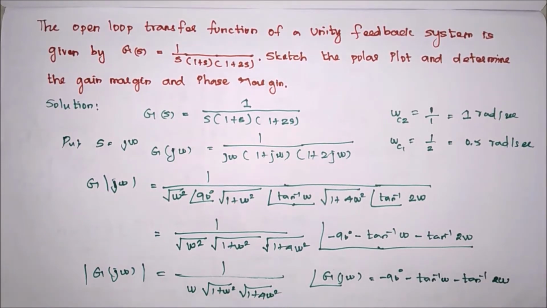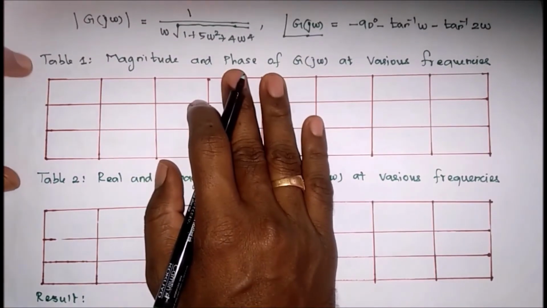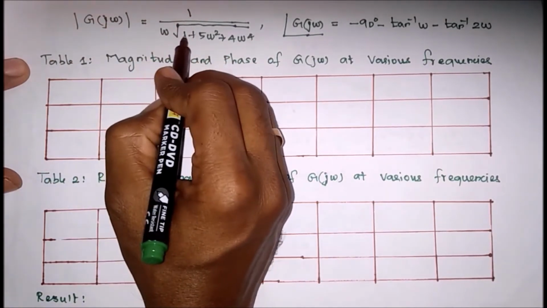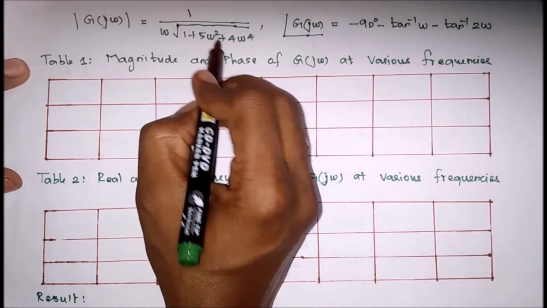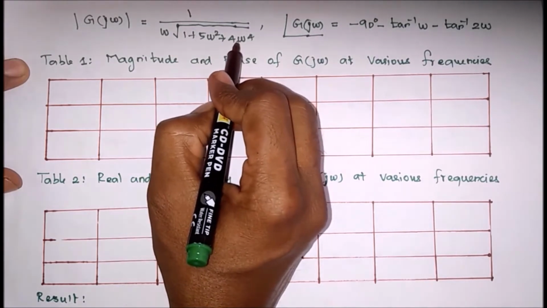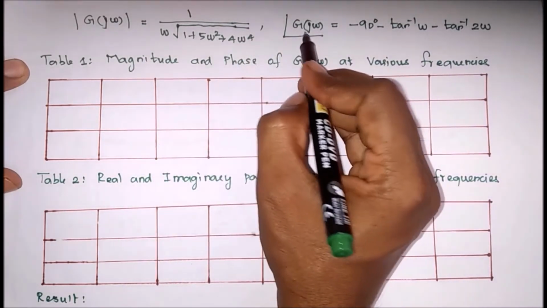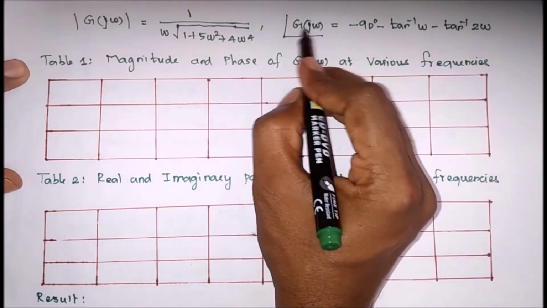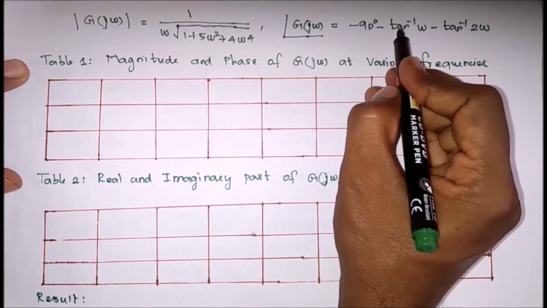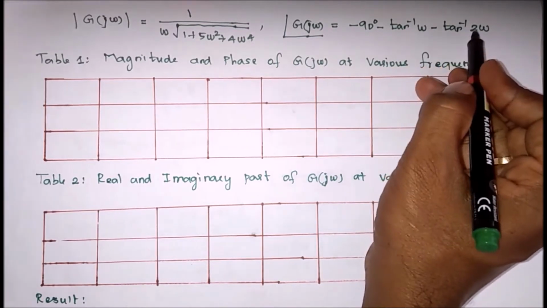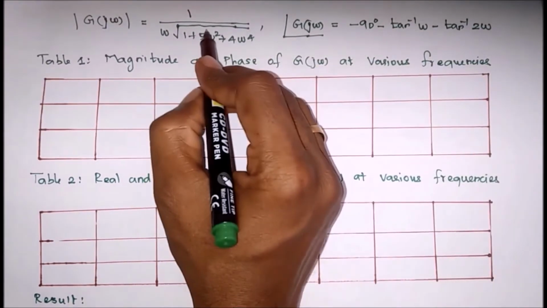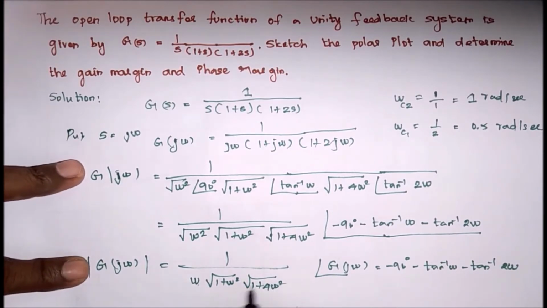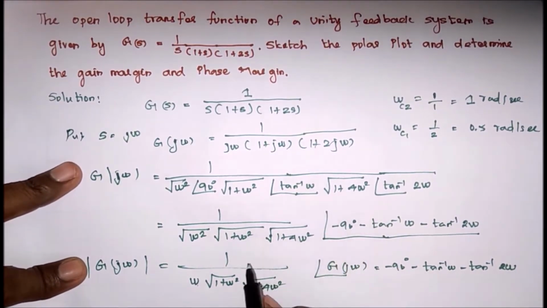The angle of G(jω) equals minus 90 degrees minus tan inverse of ω minus tan inverse of 2ω. So we know the magnitude of G(jω) equals 1 by ω into the square root of 1 plus 5ω² plus 4ω⁴. To get this, we have to multiply these terms.